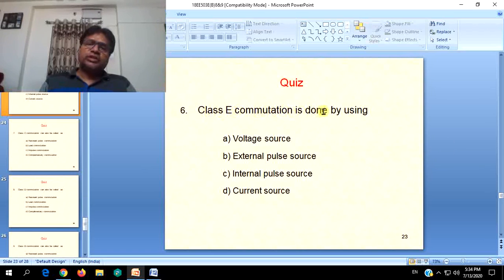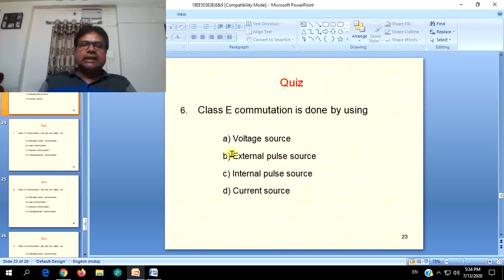Class E commutation is done by using voltage source, external pulse source, internal pulse. It is by a voltage source in the form of pulse which is external to the circuit. So voltage source is not the proper answer.